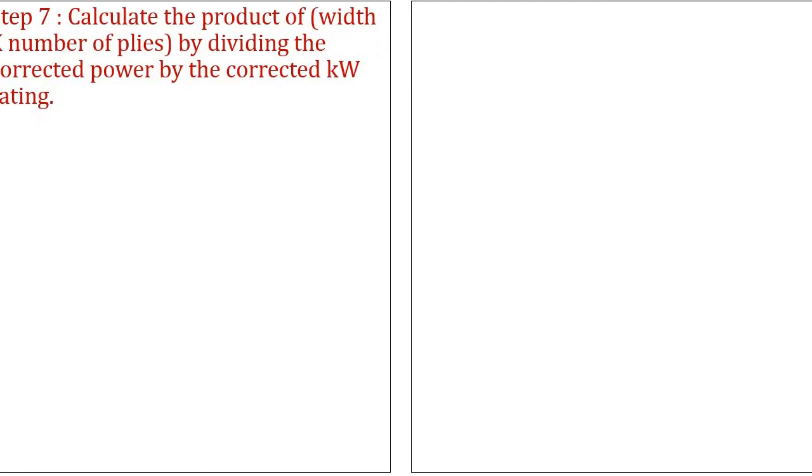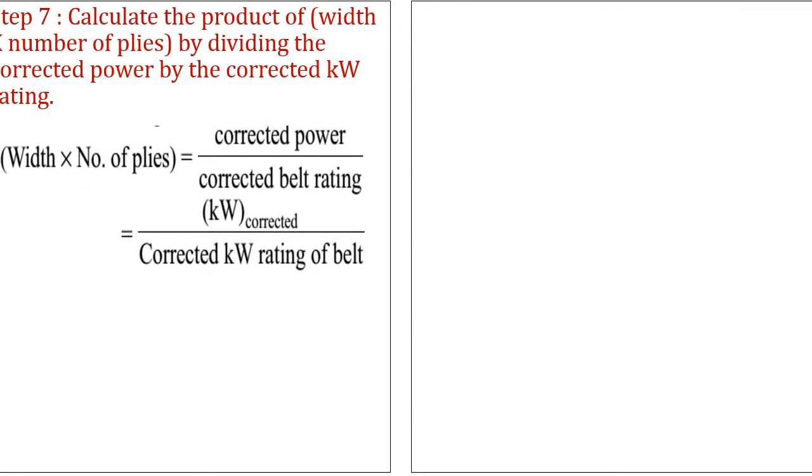Now we'll go for step number 7. Calculate the product of width into number of plies by dividing the corrected power by the corrected rating. So this is the formula: width into number of plies equals corrected power divided by corrected belt rating.